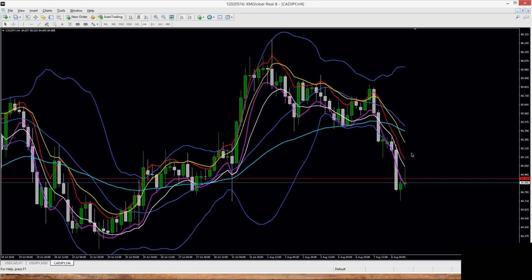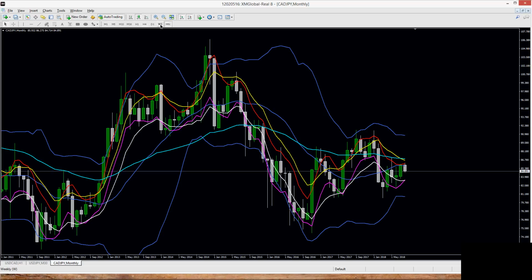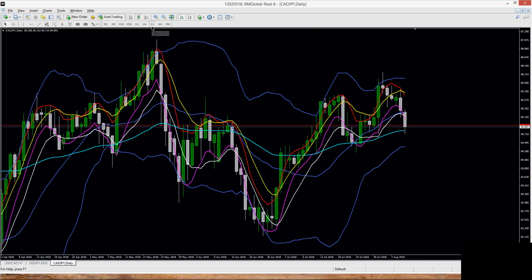On H4, there's a potential confirmation of the market going downwards. We know for a fact that monthly, weekly, and daily are downtrend, regardless of the daily EMA 50 being below mid BB, because as we can see at the top of daily, we don't have any momentum, so it's MLV.